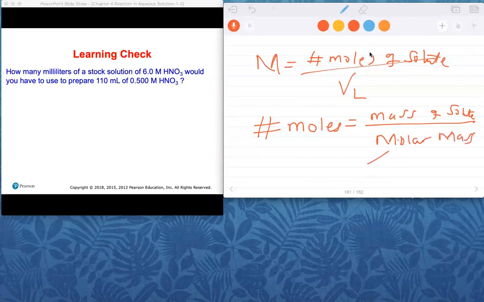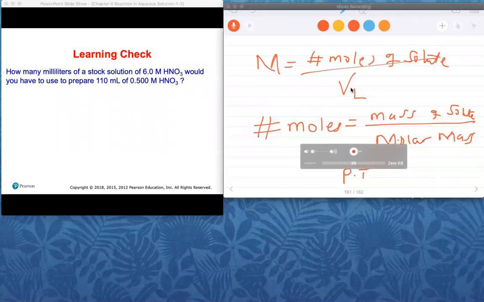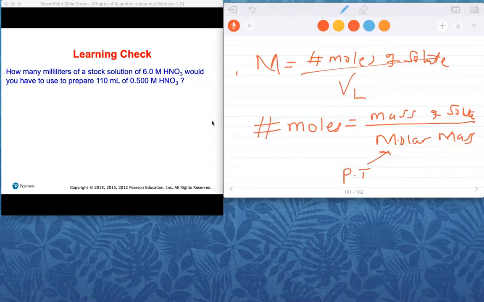You may be required to use the periodic table. If you are not given the molar mass, use the periodic table. Once you get the number of moles, you plug it in the equation. And then, of course, you can rearrange this equation to find the volume in liters or milliliters, given the molarity and the number of moles or grams. This is one equation used to determine the molarity of a solution.